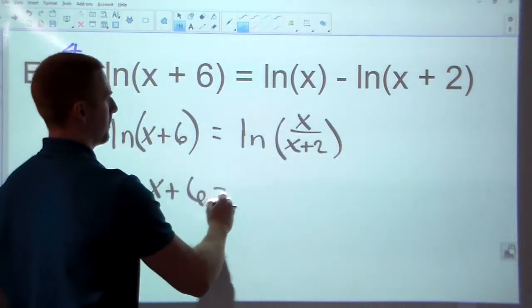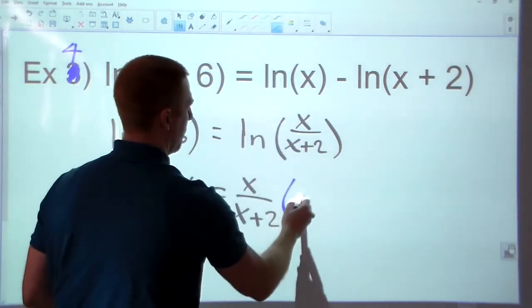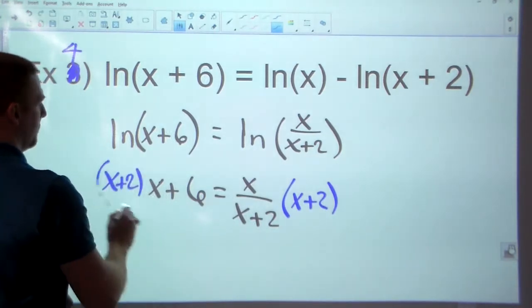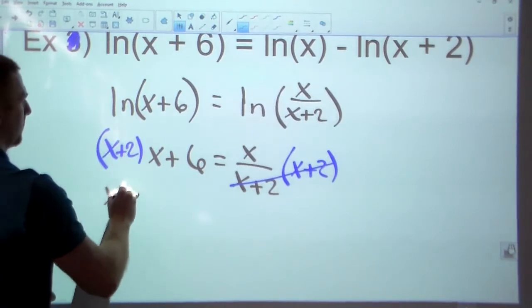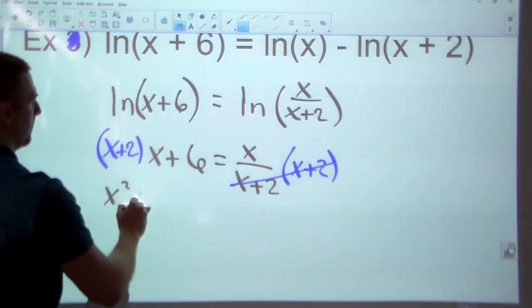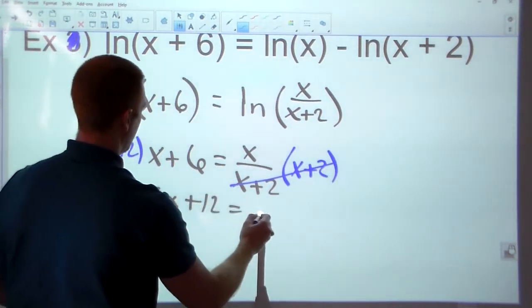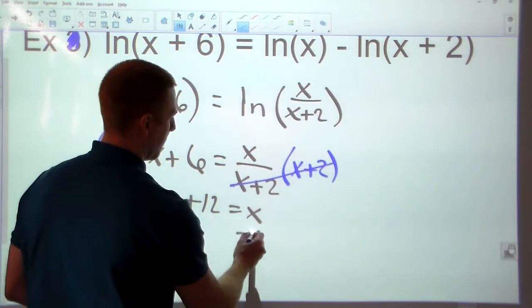So x plus 6 would equal x over x plus 2. And to solve, we need to get rid of the fraction. So I'm going to multiply by x plus 2 on both sides. So now over here we have x squared plus 6x plus 2x is plus 8x and plus 12 equals x. And then to finish solving, we can set this equal to 0.